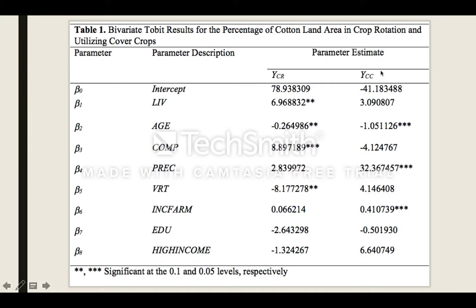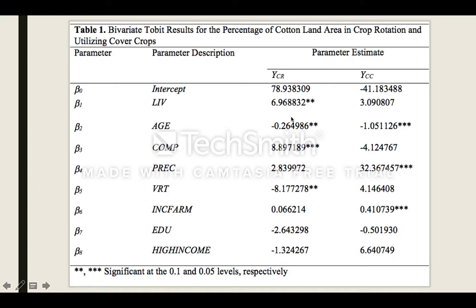Moving on to cover crops, we have 3 significant variables which are all significant at the 0.05 level. Again, we see age is negative, and this time the use of precision agriculture and percent of income from farming are positive. For the most part, this is what I would expect, especially with the age variable.